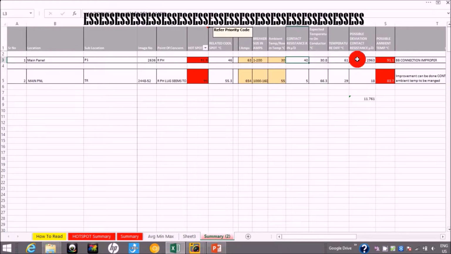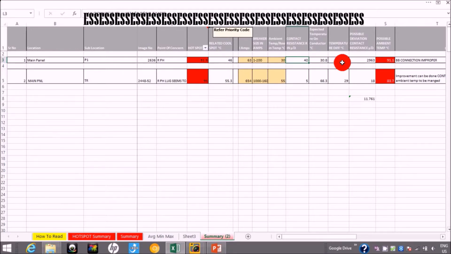So you are now clear with this. So what is ambient temperature? What is contact resistance? This is the contact resistance that we expect could be the contact resistance. Then expected temperature on conductor, that is this. Then temperature difference. What is the difference between what is expected and what is practically observed?